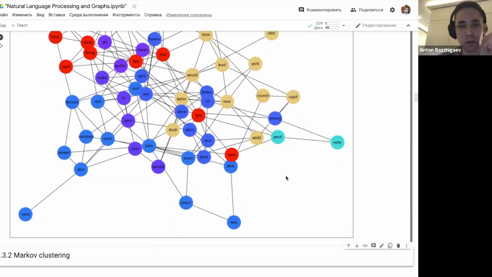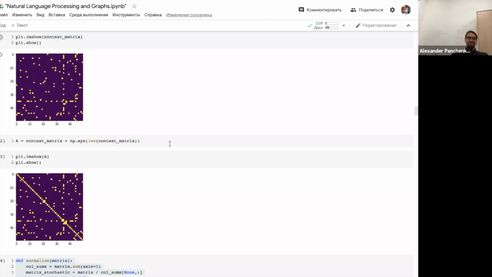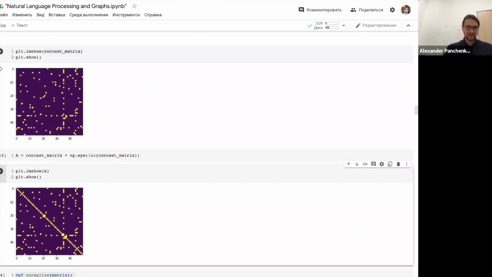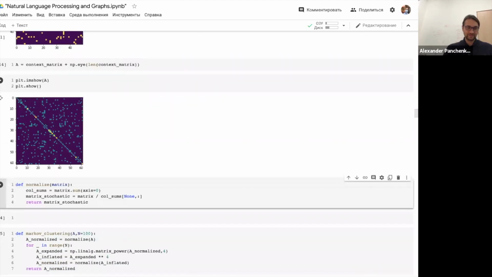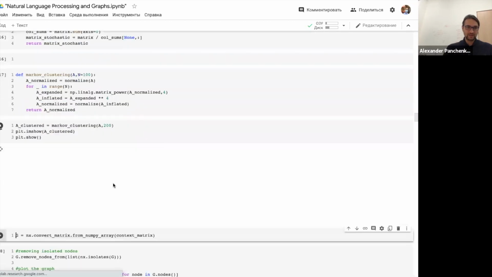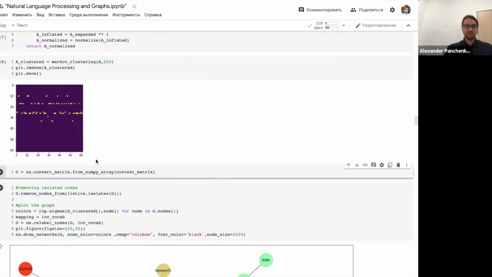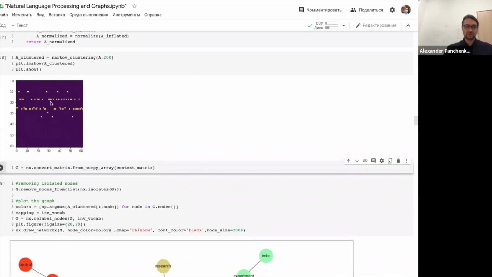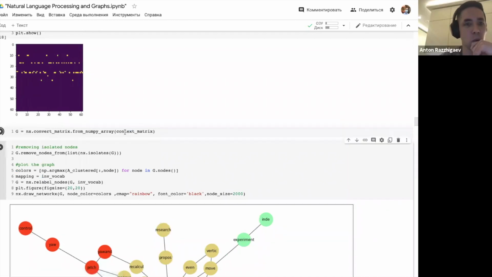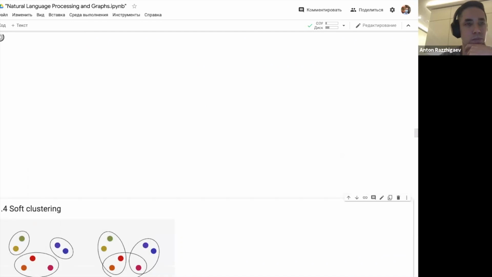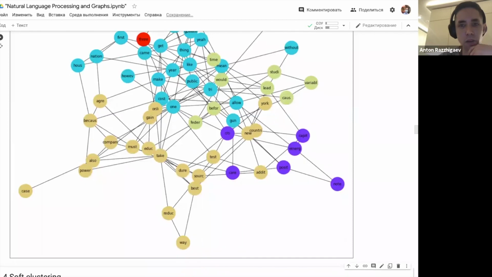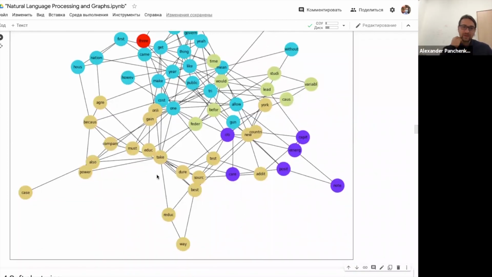Let's try Markov clustering, another version, to see how it is. And in this Markov clustering, do you have the word control also inside it, or is it without it? Without the word control. Okay, so that looks a bit more coherent.